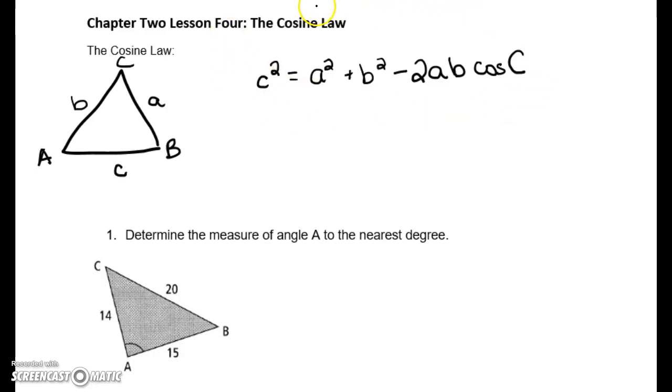Using this equation, we would typically be solving for side C. But suppose you're looking for side A, just make sure you put your variables in the correct places, swapping C with A and A with C. So we'd have A squared is equal to C squared plus B squared minus 2 times side C times side B times the cosine of angle A. Basically you just swap out whatever letter you're using and switch their places.